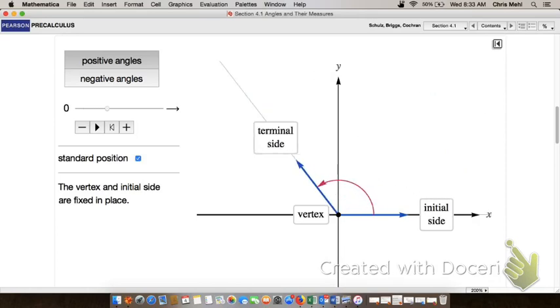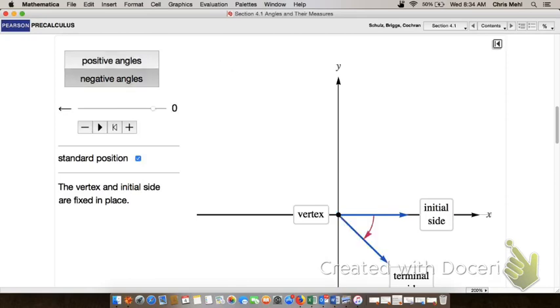That'll correspond to a positive angle. So every angle has a vertex and an initial side. The initial side gets rotated, keeping the vertex fixed. Wherever you stop, that's what you would call the terminal side of the angle.